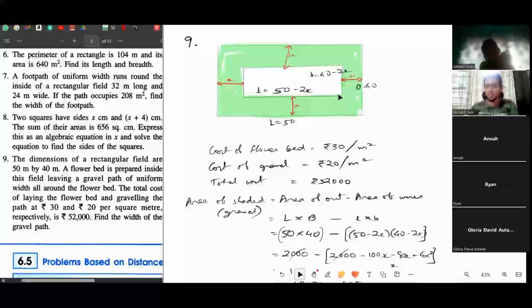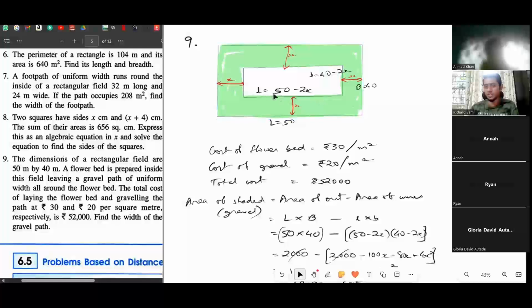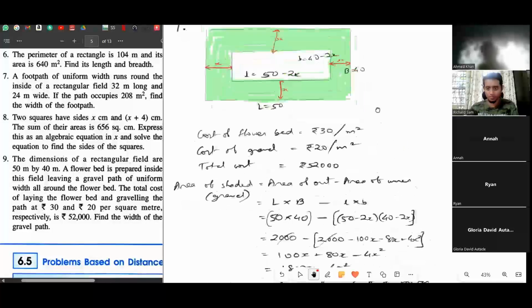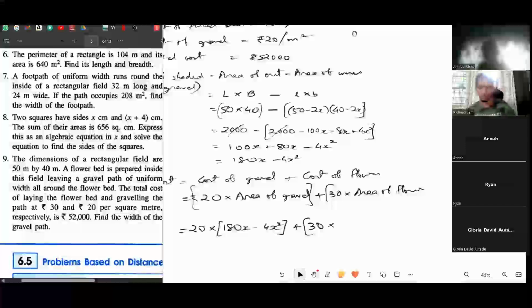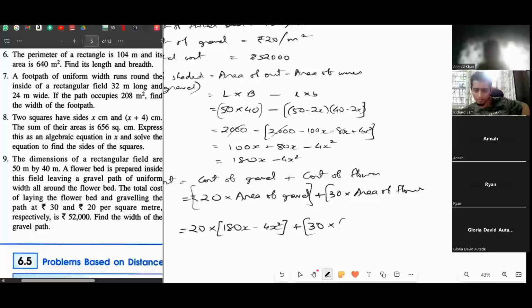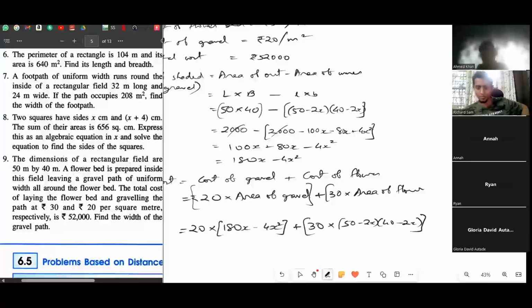The flower bed is the middle portion here, so we can directly do length into breadth: 50 minus 2x into 40 minus 2x. And here we have the left side value also.